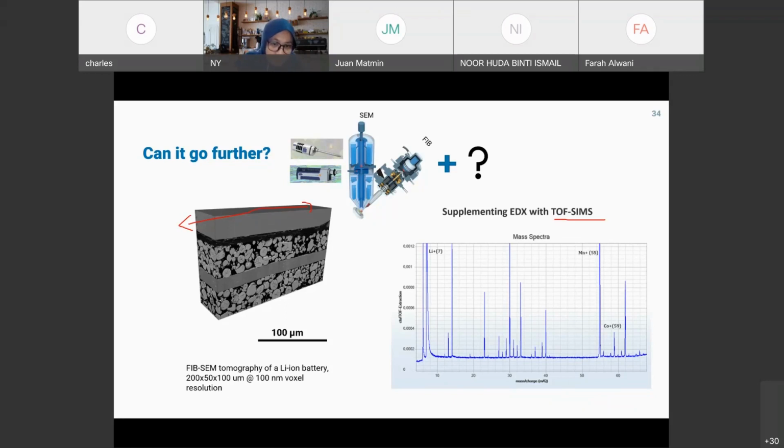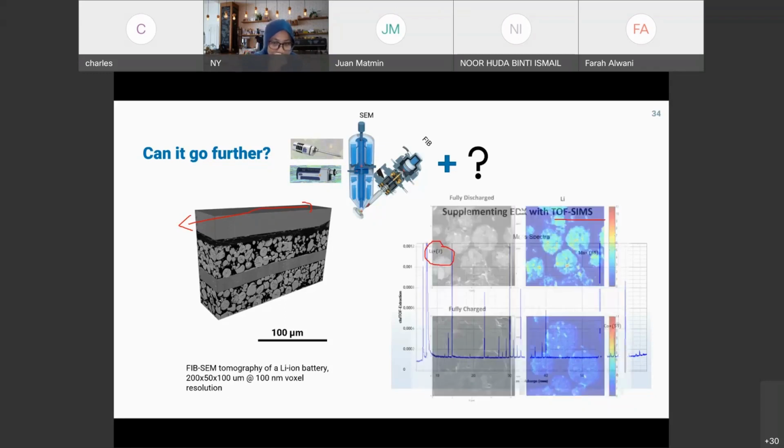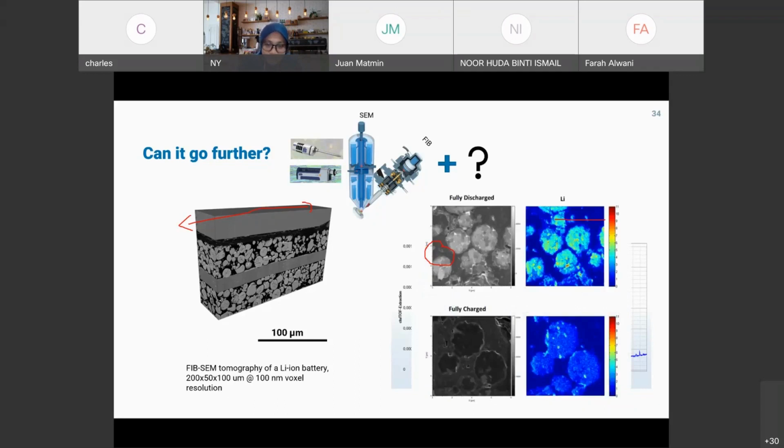The mass spectrometer will cluster them and then show the lithium information. So this is the TOF-SIMS map. We are able to map it, and thus determine the distribution of lithium in this case. So my answer here is we can further analyze by FIB-SEM plus a TOF-SIMS detector.